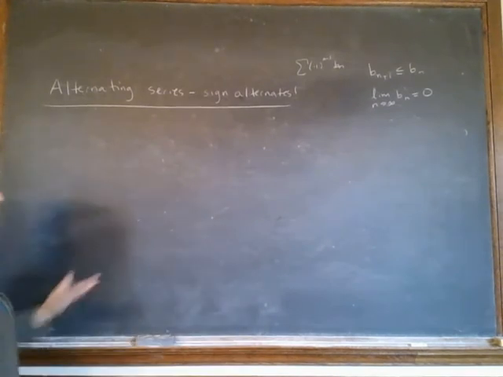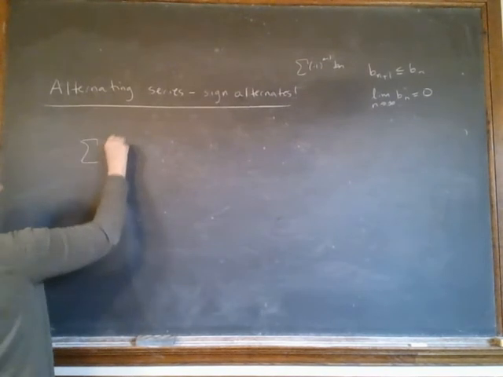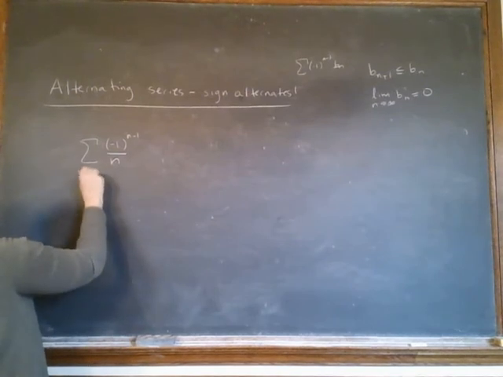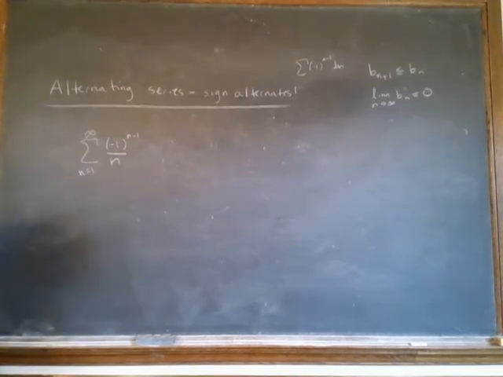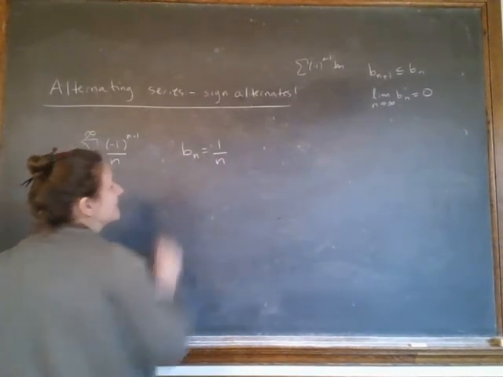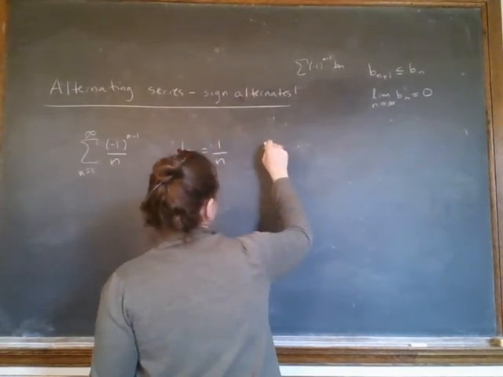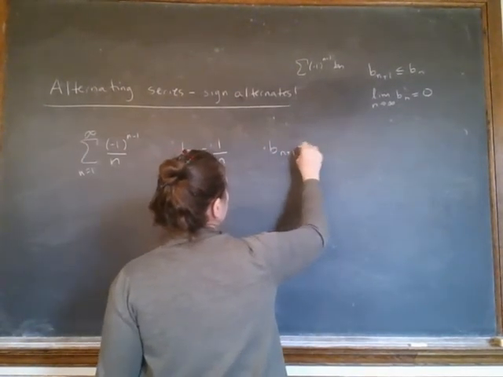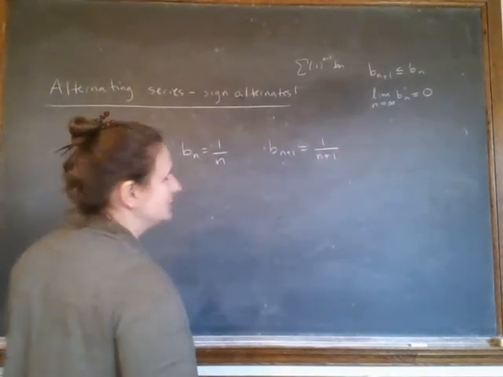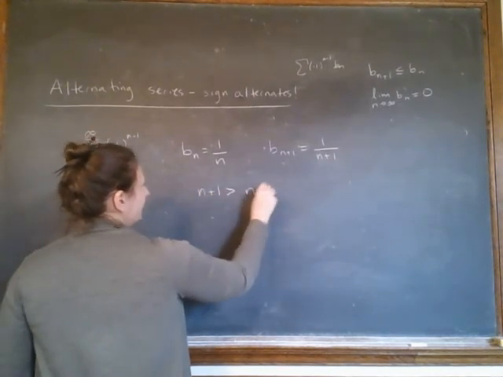Okay, so let's look at the two series we have on the board. The first one is the alternating harmonic series. Okay, so our b_n is just 1 over n, and we can check whether it's decreasing. Pretty straightforward. b_(n+1) is 1 over n plus 1, and just like we did back in the section with direct comparison, we can see that n plus 1 is strictly greater than n.